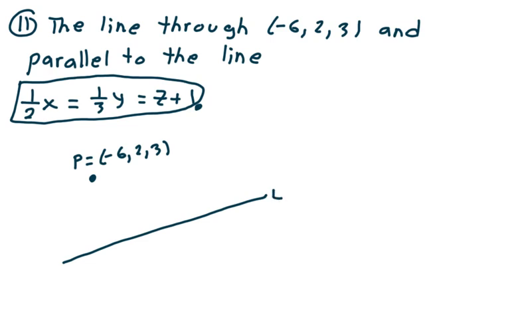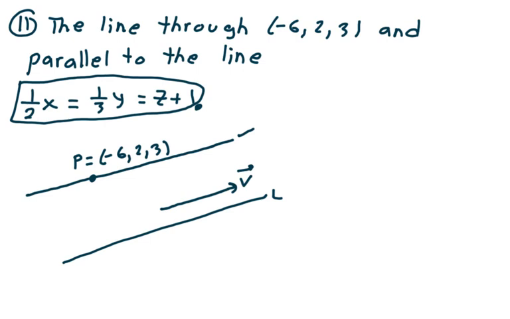So we want the equation of a line through point P that runs parallel to the line L. Remember, to have an equation for a line, we need a point on the line and we need a vector that runs parallel to the line. If we can find the vector V that runs parallel to L, can we agree that that vector will run parallel to the line we want? Hopefully we say yes.